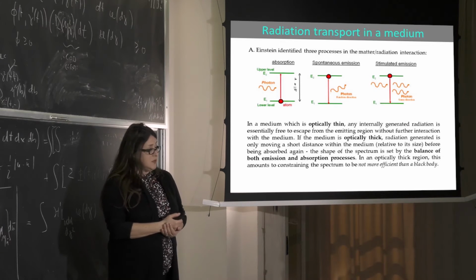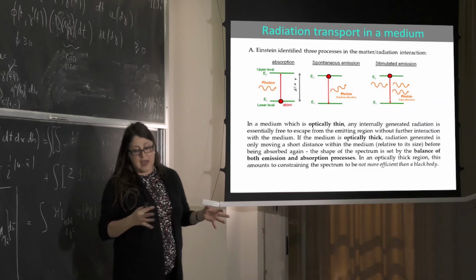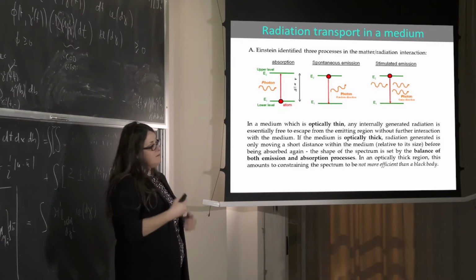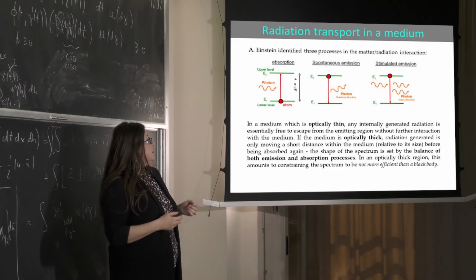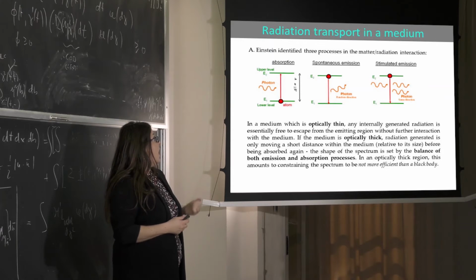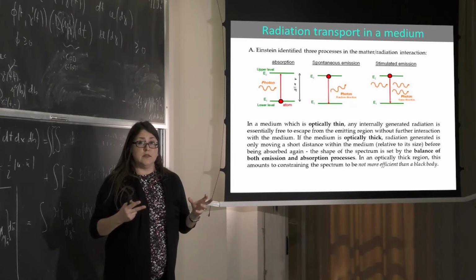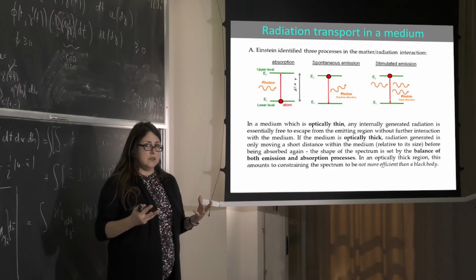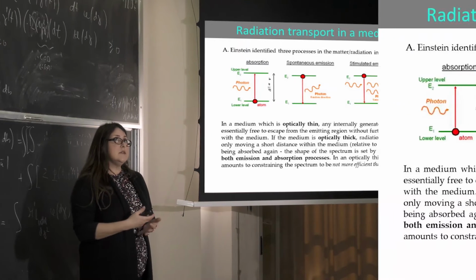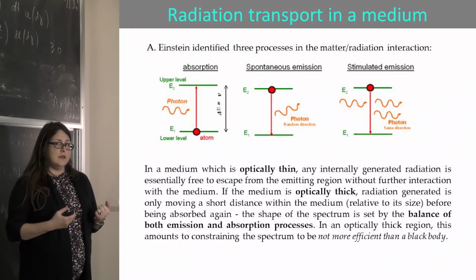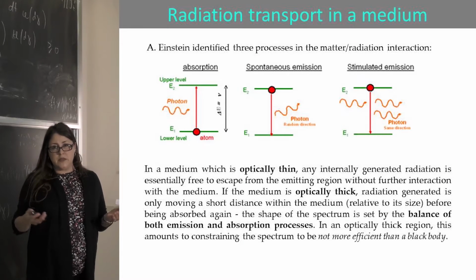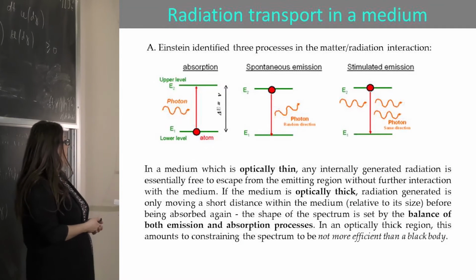One is the process of absorption. When light is propagating through a volume of matter, they interact, and the matter can absorb the incident photon. However, the matter interacting with radiation can also emit spontaneously a photon, or the incident radiation can generate the so-called stimulated emission of radiation, which is the basic principle of lasers and masers, for example.